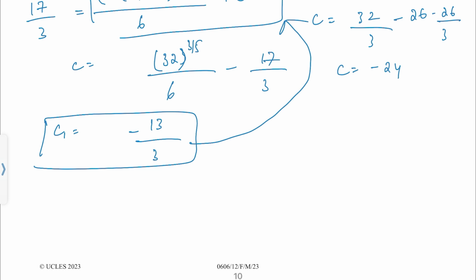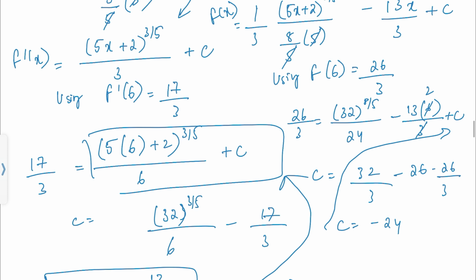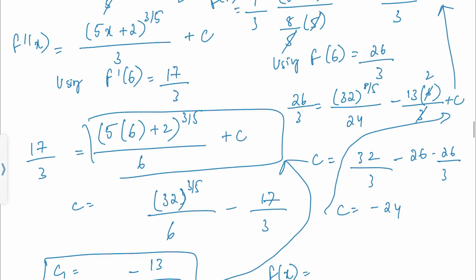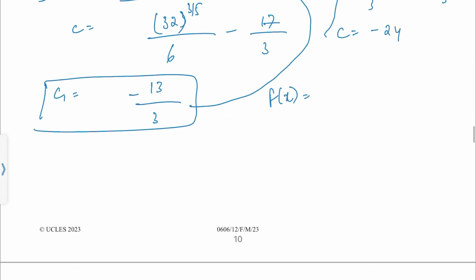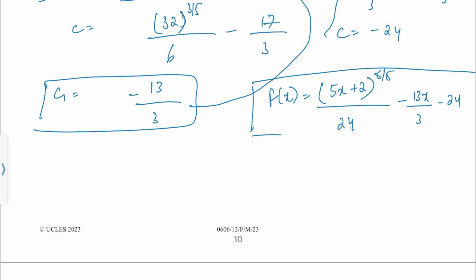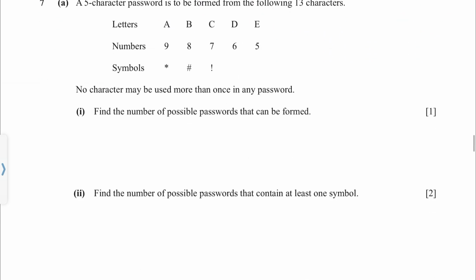So our final answer would be f(x) is given as, plugging this c over here, (5x+2) powered 8 over 5 upon 24, minus 13x over 3, minus 24. This is our final answer.